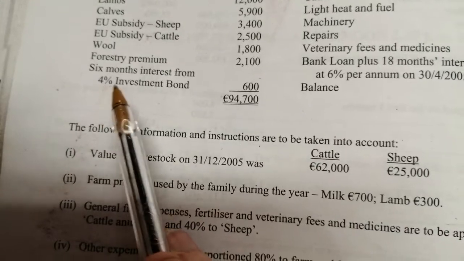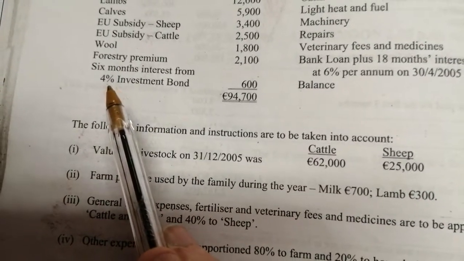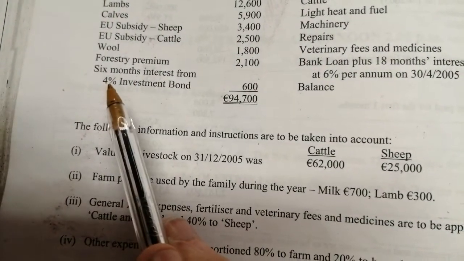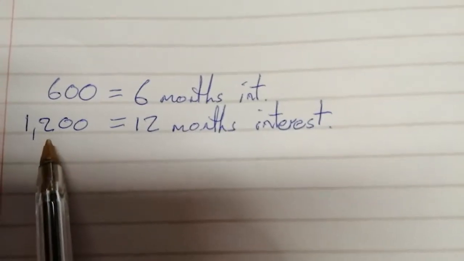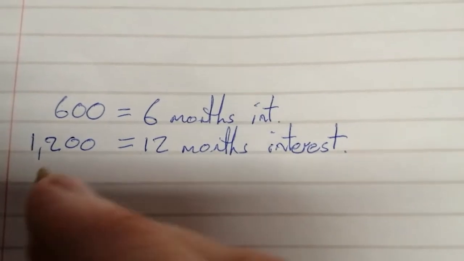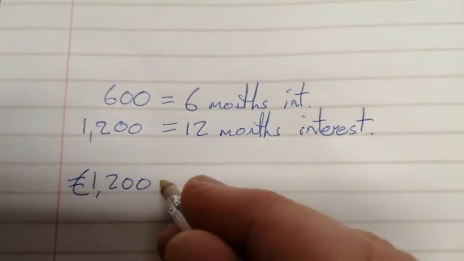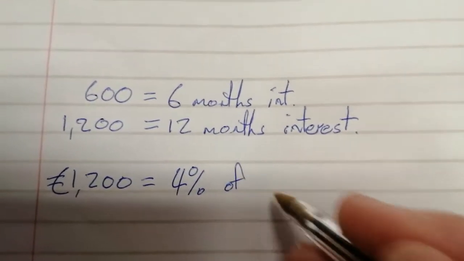When they call it a 4% investment bond, that must be because you earn 4% per annum with this investment bond. So if it's 4% per annum, and that's 4% per year, and 1,200 is the amount of cash you should be earning, well, that 1,200 euros must be equal to 4% of the investment.